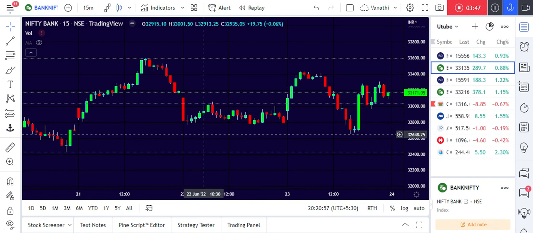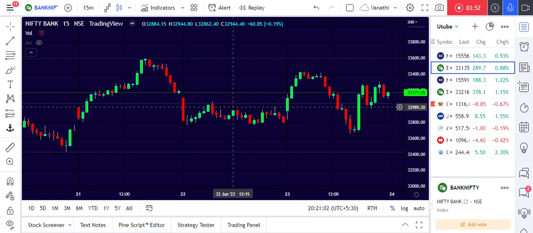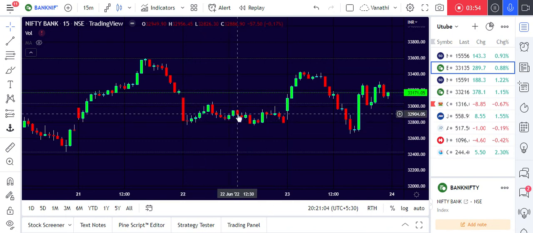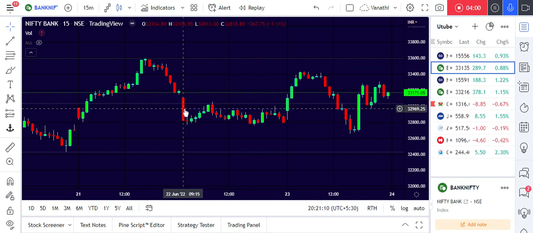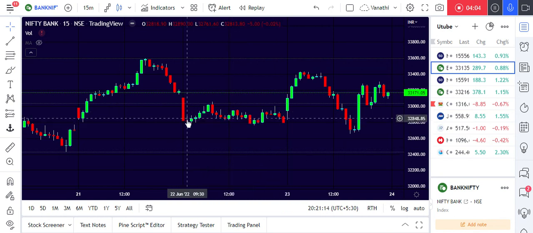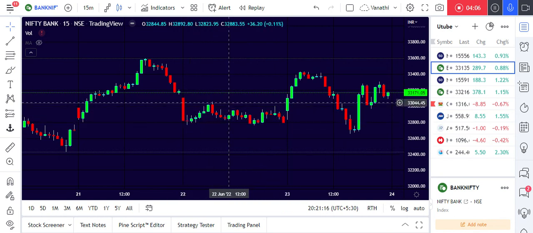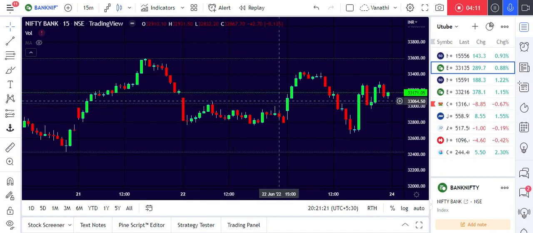The price movement was not much yesterday, and many should have lost money because it did not have a very big movement. Mostly the price moved within the first candle's high and low. And if you went long also, it did not reach anywhere, and again it fell down. That was happening yesterday.